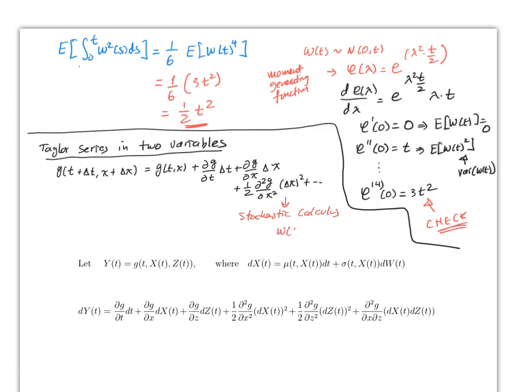You will have W(t + Δt) minus W(t), which, remember, has a normal distribution, and therefore this will not go to 0. So in regular calculus, this will go away, but in stochastic calculus, it won't go away.